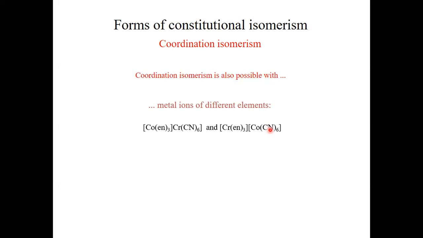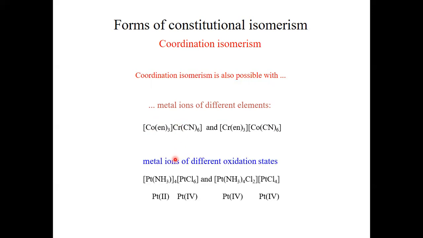So that's another possibility, and we can also have coordination isomerism with metals in different oxidation states. In the previous case, both the chromium and the cobalt were in the oxidation state +3. Here we have an example for coordination isomerism in which we have platinum in different oxidation states.